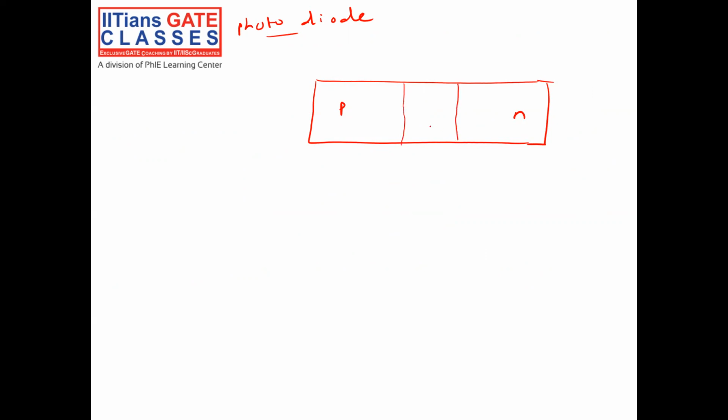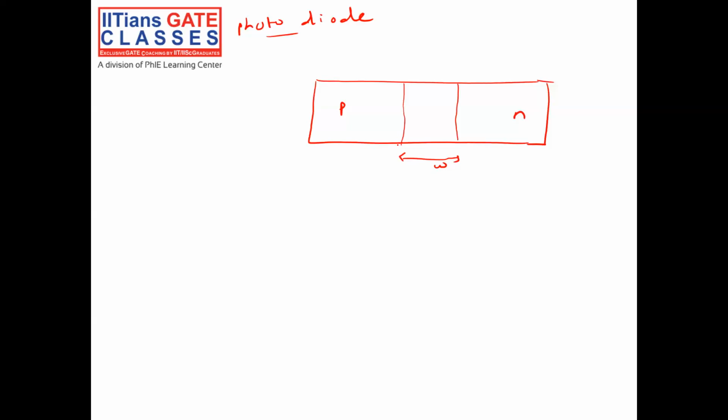A photodiode should be operated in reverse bias. Why? Suppose this is the depletion width W at equilibrium.